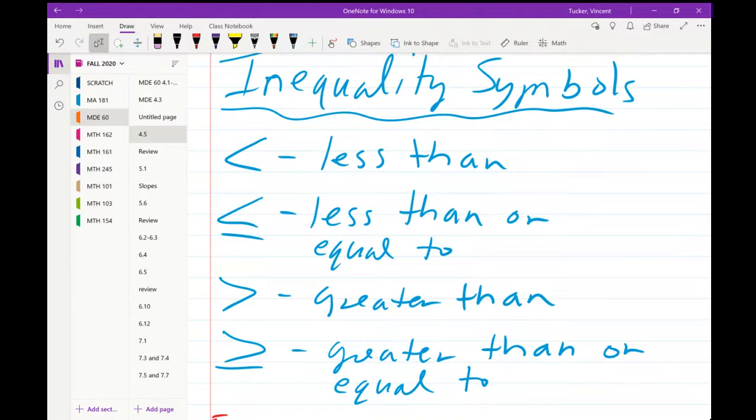All right, your inequality symbols. We have less than or equal to, greater than or equal to.